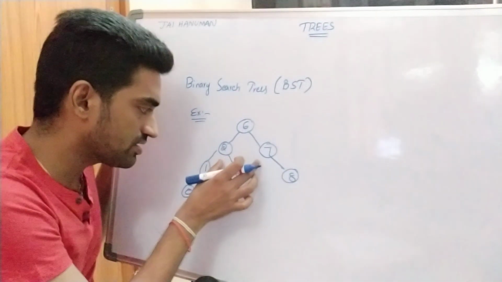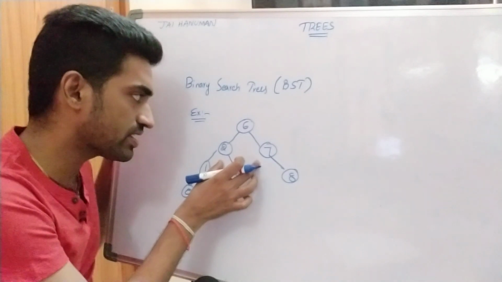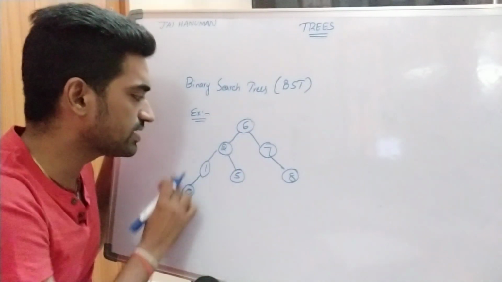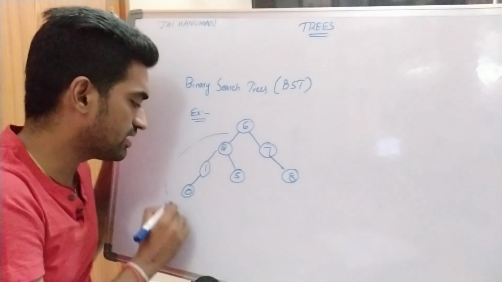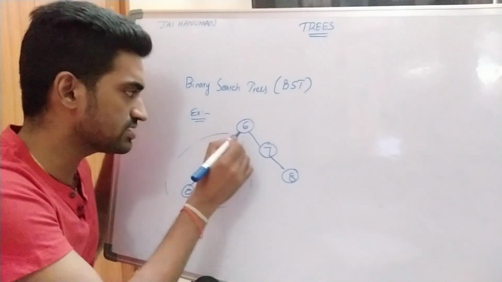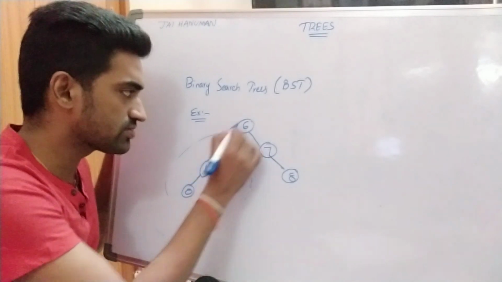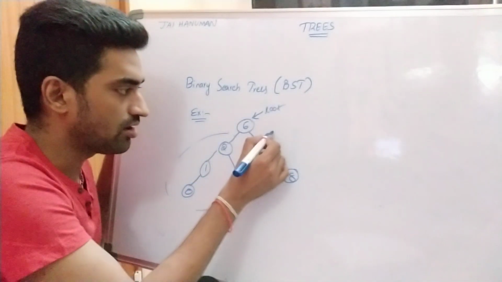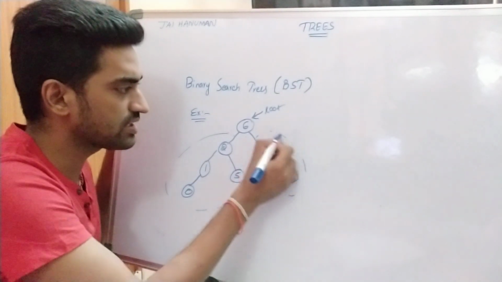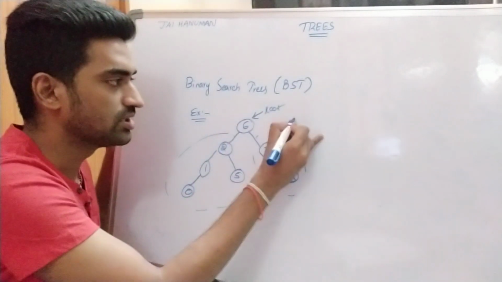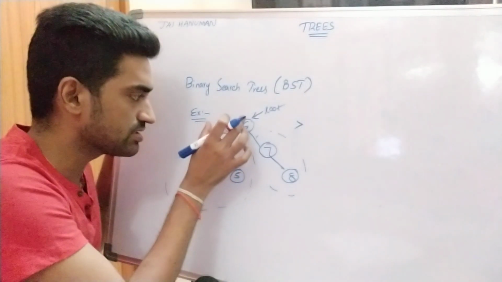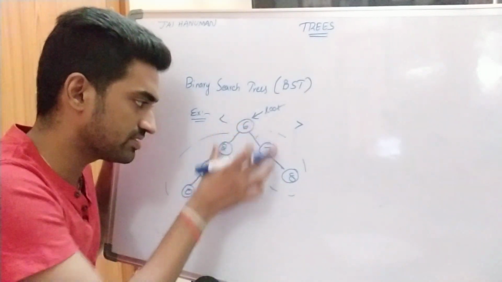And in addition to that, it also satisfies the properties of a binary search tree, right? All the elements of the left subtree contain lesser values when compared to the root node. All the elements of the right subtree contain greater values when compared to the root node. So this property is satisfied by this tree.